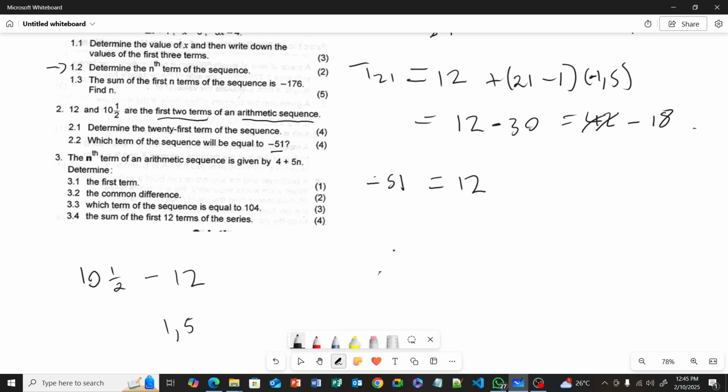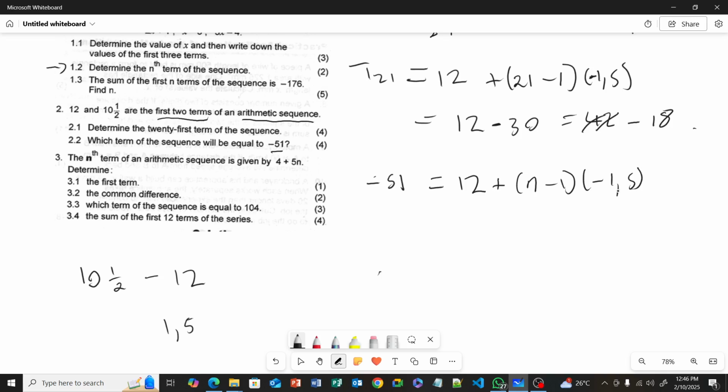Okay, now yes, 12 is the first term, plus, because we want to know the position of number 51 in the sequence, so we don't know n, n minus 1 into minus 1,5.